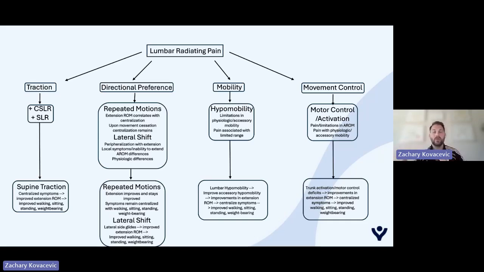Those are the typical deficits people have with lumbar spine radiating pain, okay?